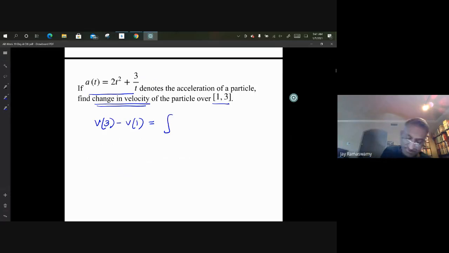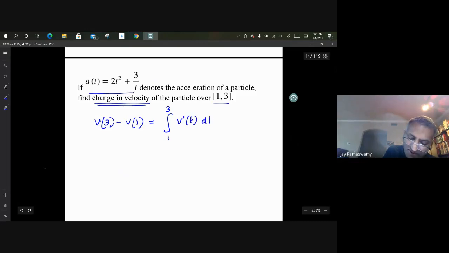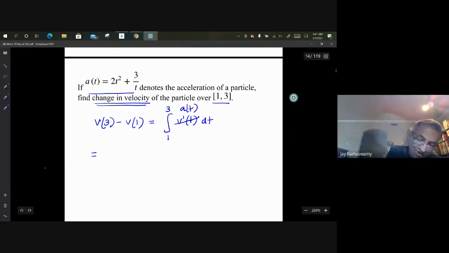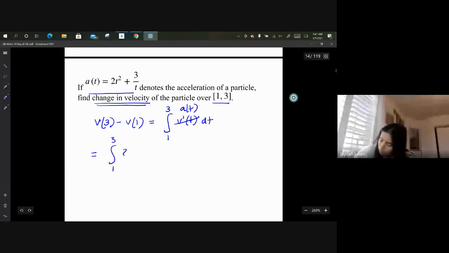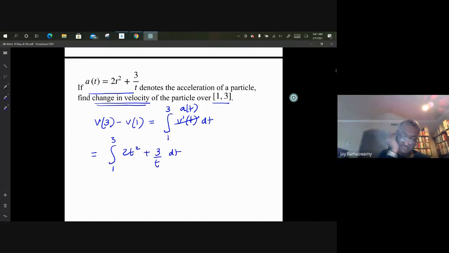Okay, continue, Ms. Makwara. Integral of 1 to 3. And then V dash of t. Take the derivative. Guys, what do we know V dash as? A of t. So can we plug it in? Does this question require integration? Yes, because it has an integral symbol right now.